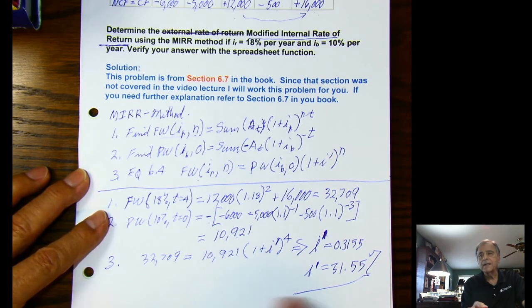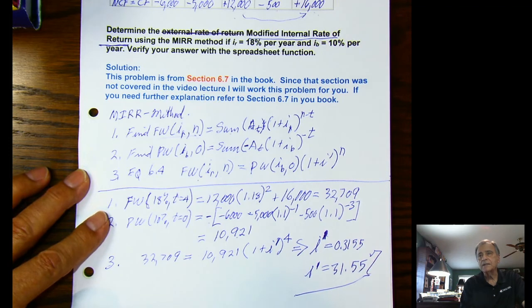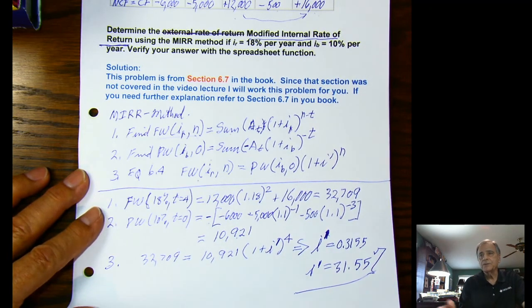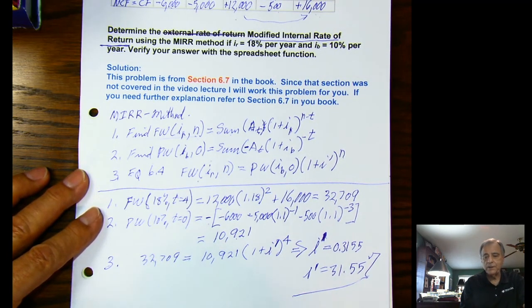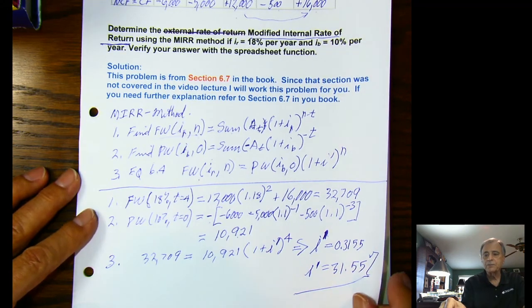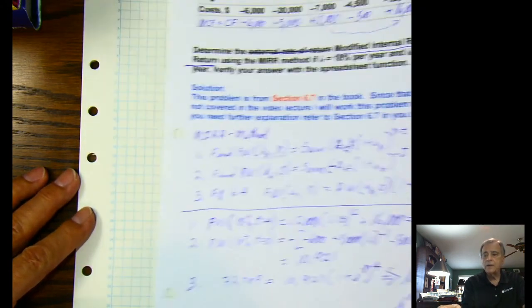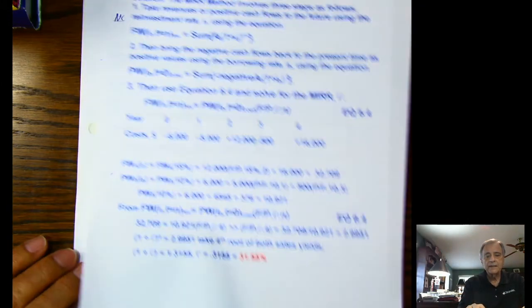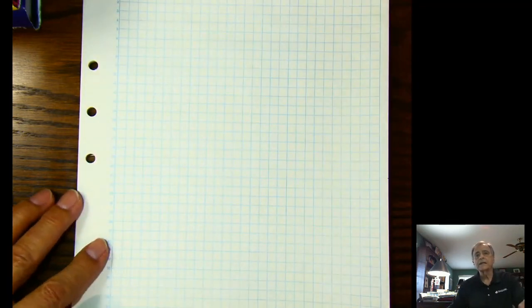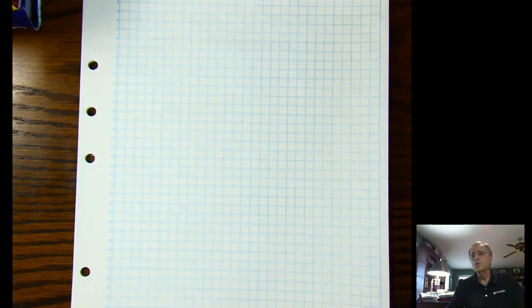So I'm basically taking both sides of the equation to the 0.25 power, and that leaves you 1 plus I, and then you just subtract 1 from it, and you'll get 0.3155. So that solves this problem 6.5, and I also presented that in detail in the lecture notes for these, and that'll be posted online. And that concludes our homework problem session.